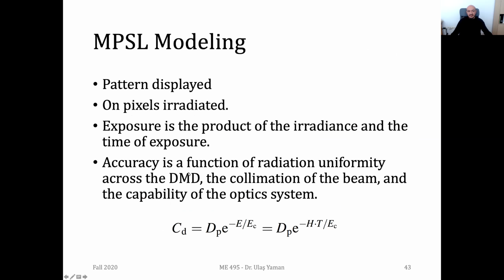And obviously, the accuracy depends on the radiation uniformity of your projector across your mirrors, and it also depends on the collimation of the beam or the focusing of your beam. If you have problems with them, then the accuracy of your whole MPSL process will be lower compared to the other polymerization processes.